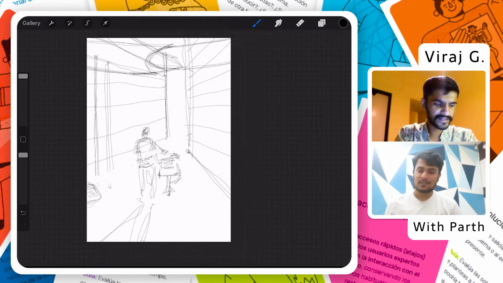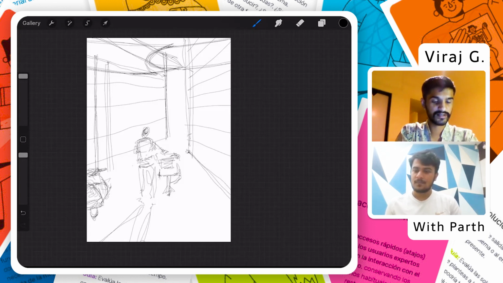Yeah, so urban sketching is basically going to some urban context. It can be any chowk or any street kind of thing. So you can go there, sit there with your stationery, and then you start your sketching. There are many groups, like urban sketchers groups in Pune, Bombay, and in many cities in the world.